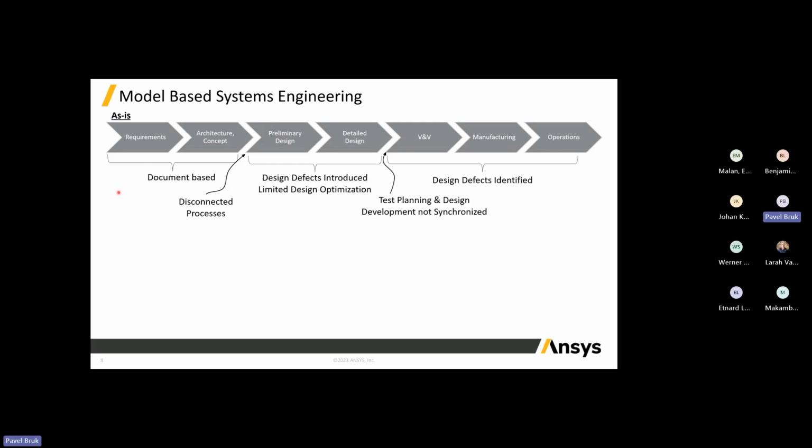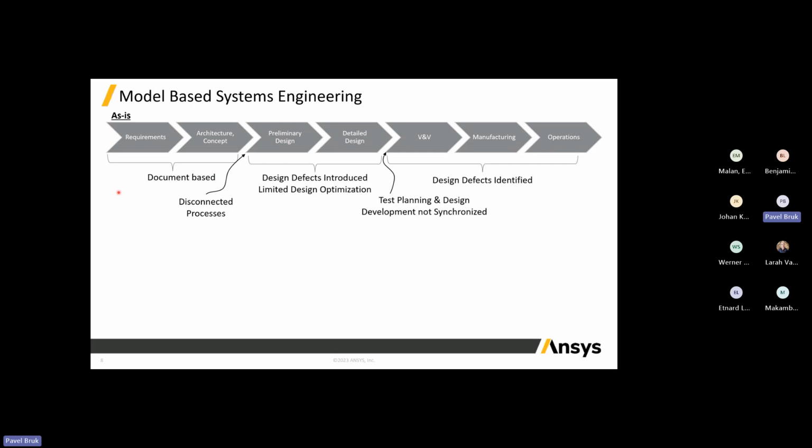So looking at this in a more linear manner, with model-based systems engineering we want to make a transition from a document-based environment, and by document-based, I mean not just paper documents.